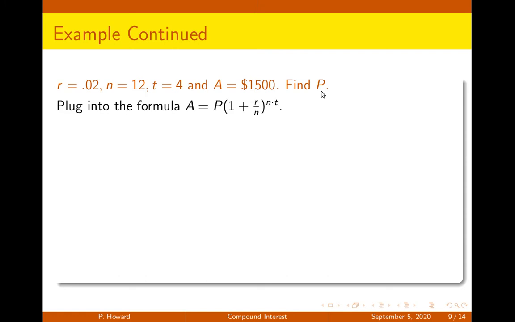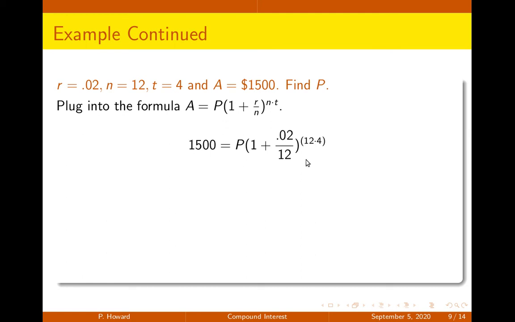So we will plug into the compound interest formula. We'll be replacing A by 1,500. P is the unknown. We won't replace P. And r is replaced by 0.02, n by 12, and t by 4. So there's what we get after we do the replacement.